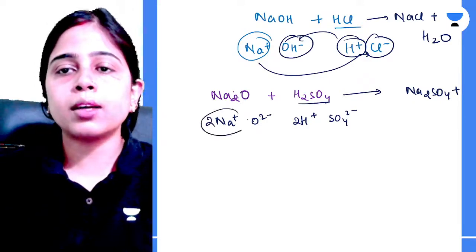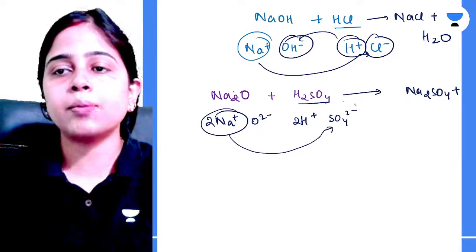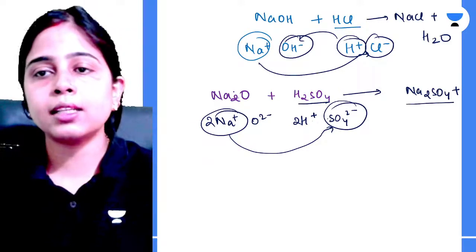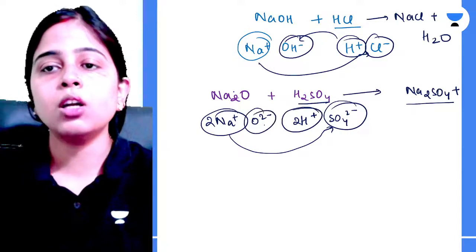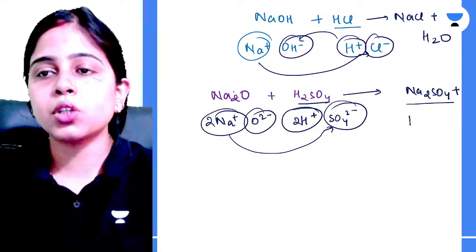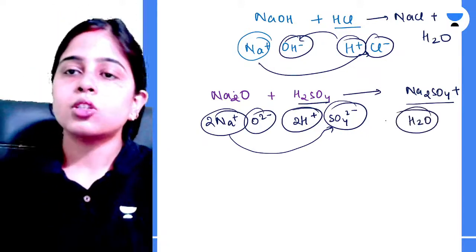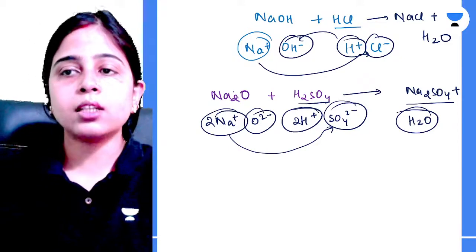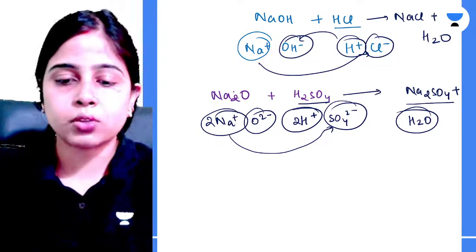These two Na plus ions will go and combine with your SO4 2 minus ion to produce your sodium sulfate, and this 2H plus will combine with your O2 minus to produce your H2O. Clear? So this is also an example of neutralization reaction only, where the salt and water is produced.